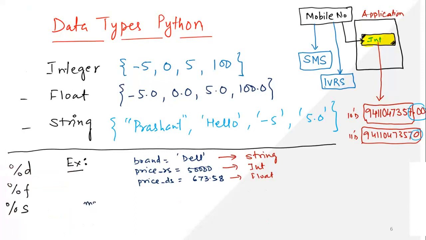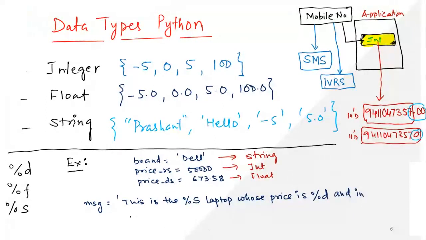I will be using %s for the brand: this is the Dell laptop whose price is %d, let's say 50,000, and in dollars it is %f.